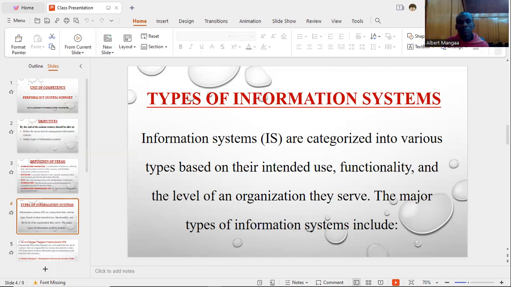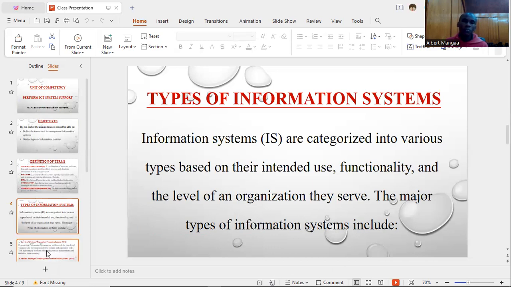So when we classify these information systems, we will categorize them based on what they were intended to do, their functionality, and the level of the organization they are serving.